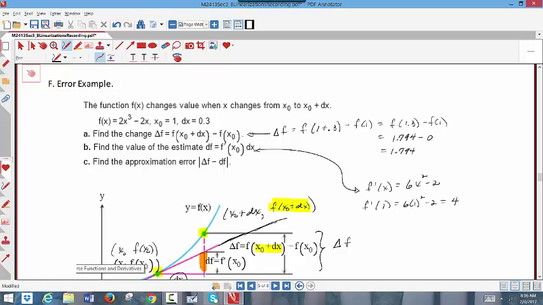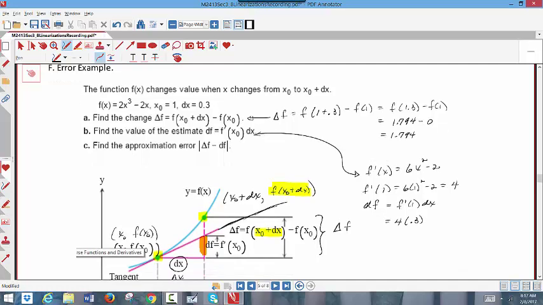Now, I'm supposed to evaluate that my df is my differential, like dy earlier. And so it's my f prime at 1 times my dx. So it is 4 times my dx of 0.3, so it is 1.2. Don't forget, you're supposed to multiply this times your dx. This is your differential.